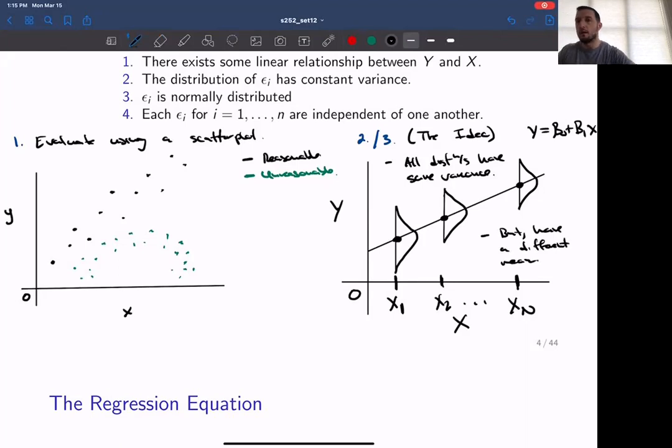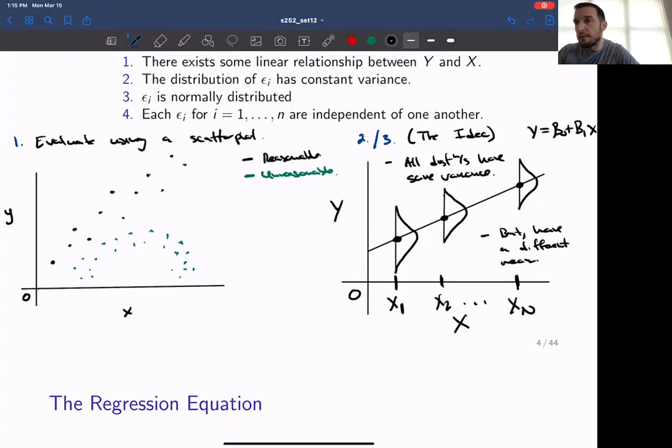Okay. So that's what we are assuming when we fit this linear model to represent the relationship between X and Y. We assume that it's actually reasonable to use a linear model. Like you wouldn't want to use a linear model if the data isn't linear.